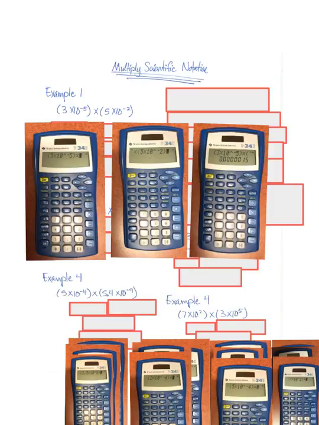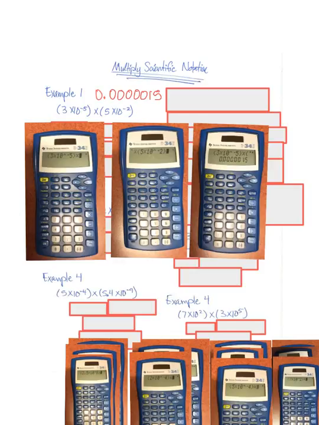So I'm going to write that down. We have 0, and then we have 1, 2, 3, 4, 5 zeros. Okay. We're going to write that down. So 1, 2, 3, 4, 5, and then a 1 and a 5.